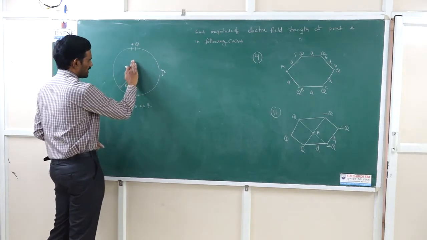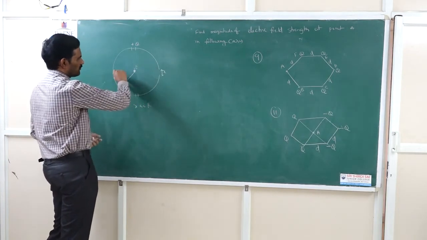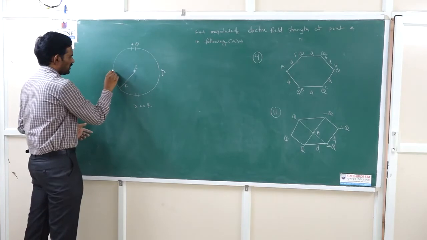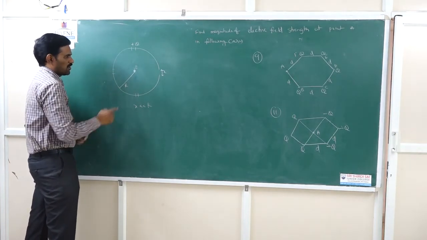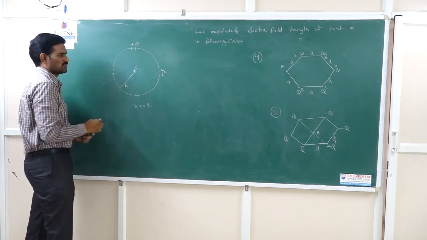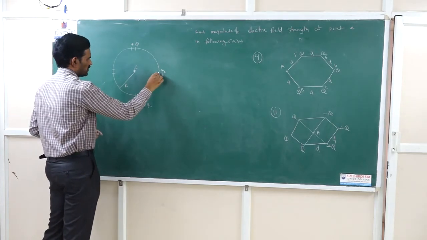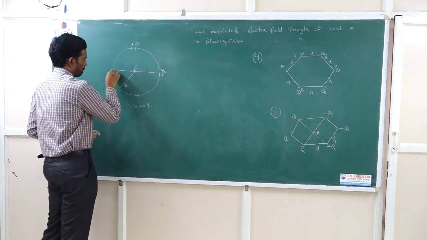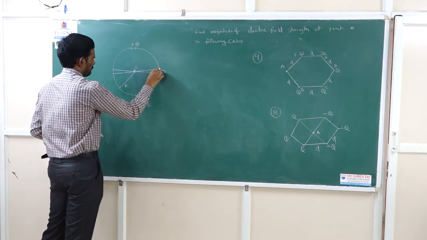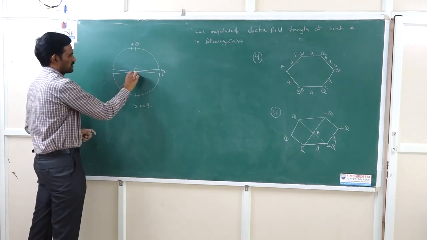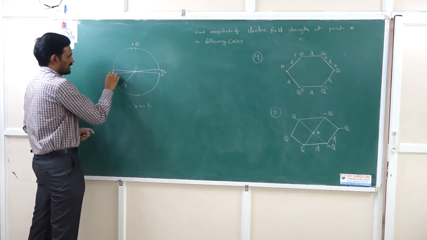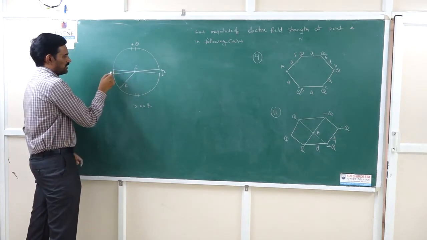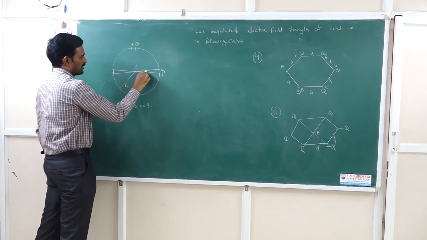But now, exactly opposite to this opening, if I consider a small element here, exactly opposite to the opening, then this element will produce an electric field along this direction.